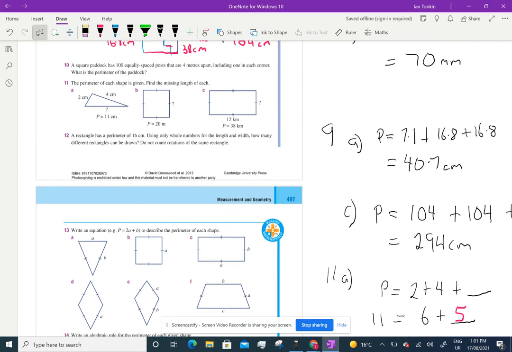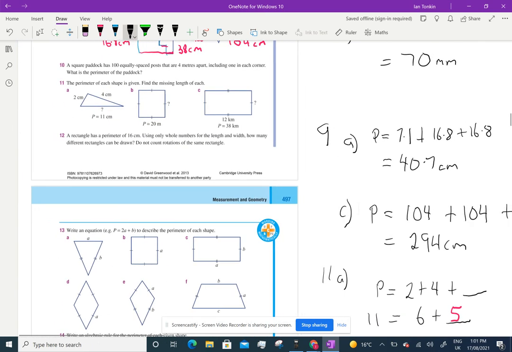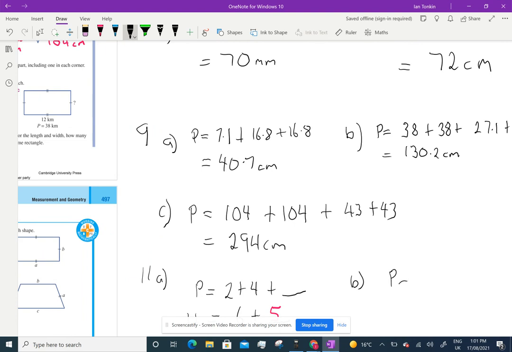If I look at 11B, and by the way, we haven't done equations yet. We were meant to do it, but we haven't. The perimeter equals all four sides. Something plus something plus something plus something. So all four numbers. And I'm told the perimeter is 20.